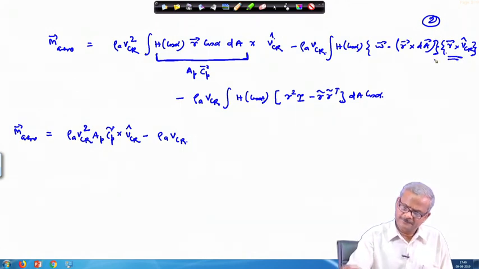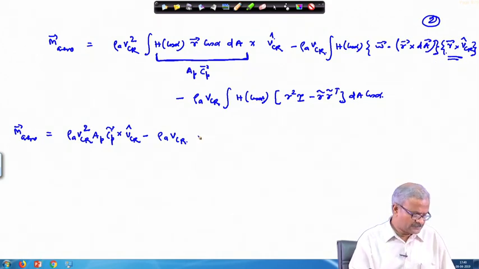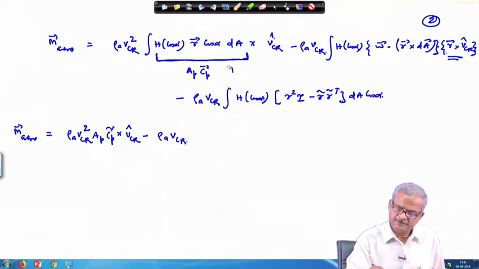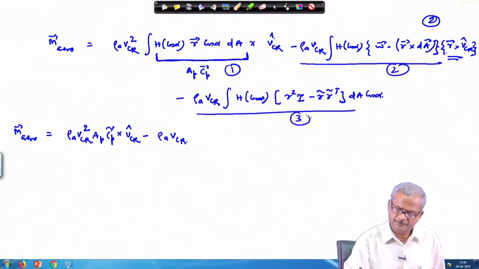Here a little bit of rearrangement is required. Let us name this: this is the first term, this is the second term, and this is the third term.